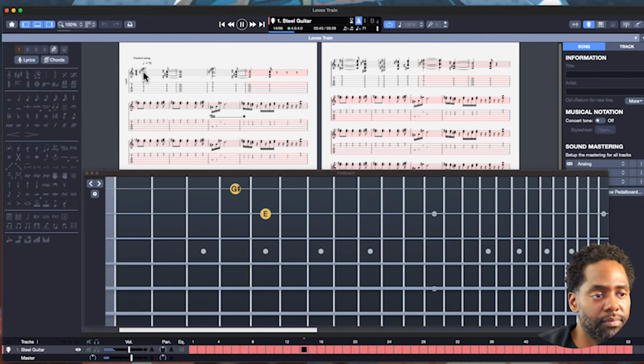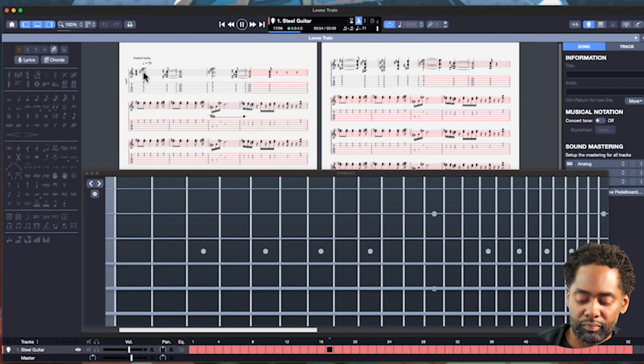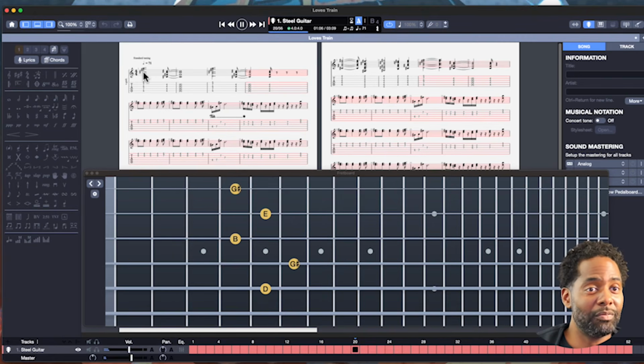Top of the verse. That was my phone, sorry.